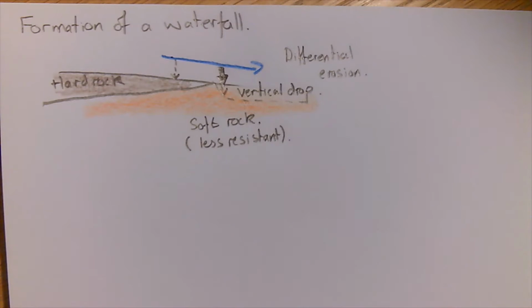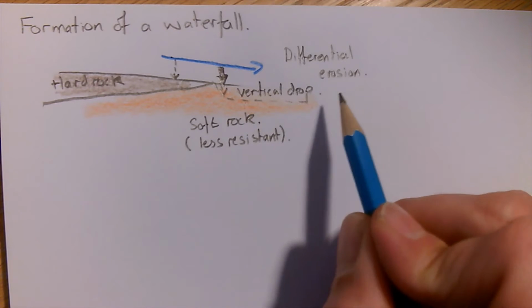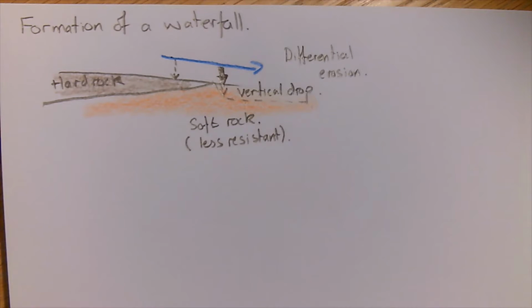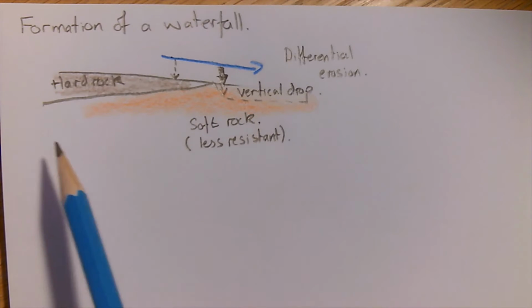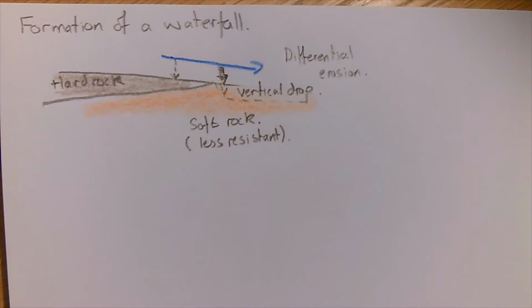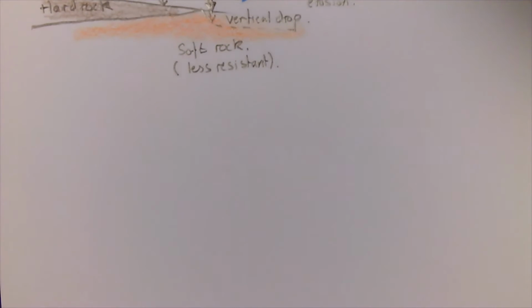That's right, because the soft rock is eroded faster than the hard rock. Differential erosion. Nice one. So this is the very beginnings of our waterfall. Let's fast forward a little bit in time to see what happens next.